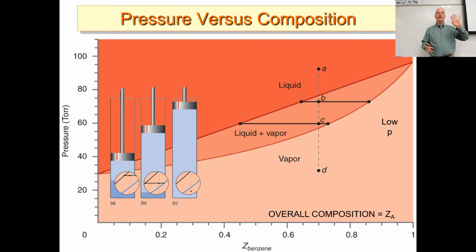Okay, so whenever you're looking at a phase diagram and you're trying to identify what zone is where, always look at the x-axis and the y-axis and figure out which region will be liquid, which region will be gas. And in a PX phase diagram, listen carefully, liquid's on top. We're about to switch to TX and liquid will be on bottom.